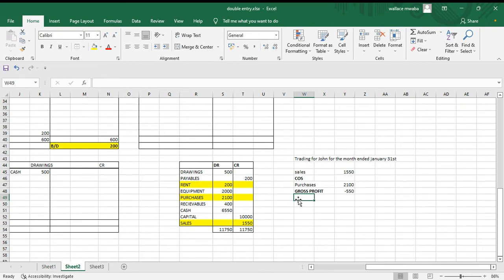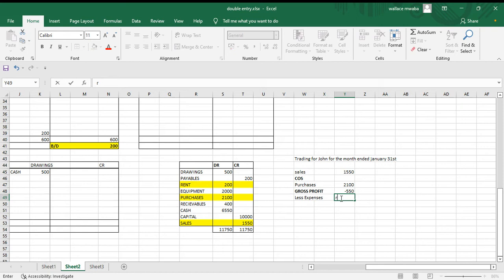Then we're going to say less expenses, because remember in our income statement we're just focusing on expenses and forms of revenue. We do not have any other forms of income here. So what was the expense? Rent.